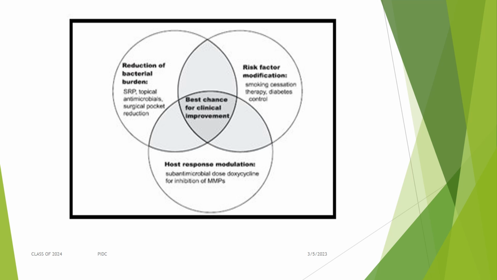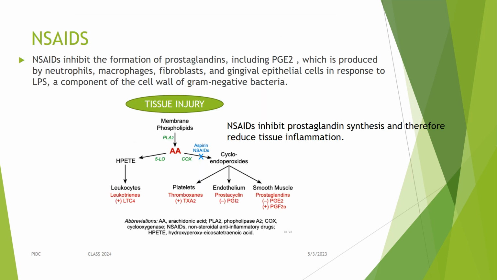We don't even think of either convincing the patient about his risk factor modification, or telling him that your host response is very much hyper to your condition, so let us modulate that. So that all we don't tell him. So in years to come, I think host response modulation will take a major role rather than the antimicrobial supply to the patient.